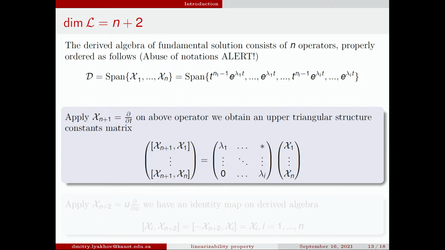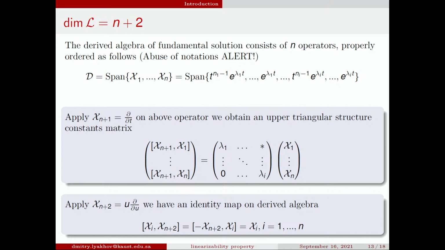If you apply this operator, it's just computing the derivatives with respect to t. And for the second generator, this one, it's a scaling generator. If we apply this generator to the derived algebra, it actually gives us the identity map.